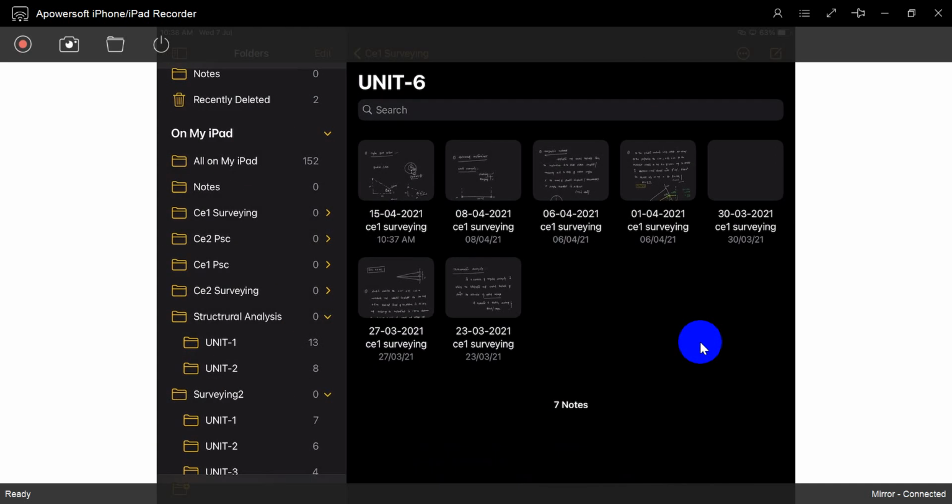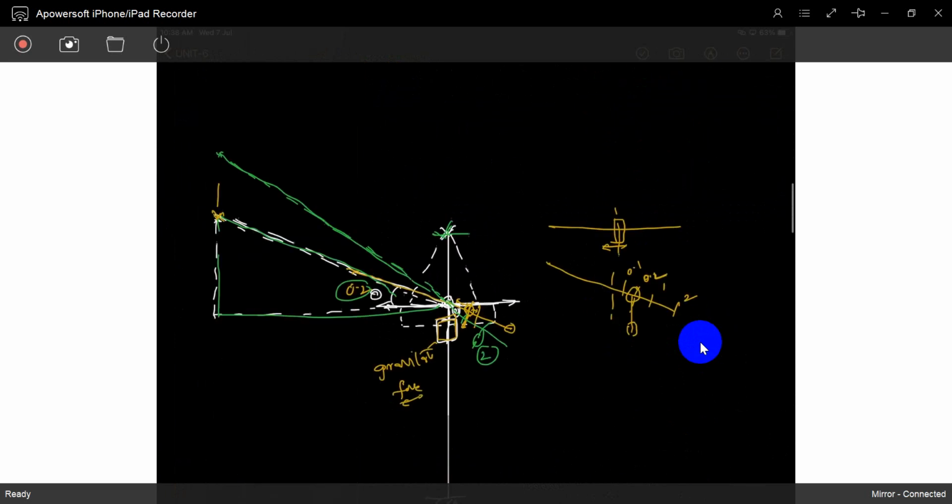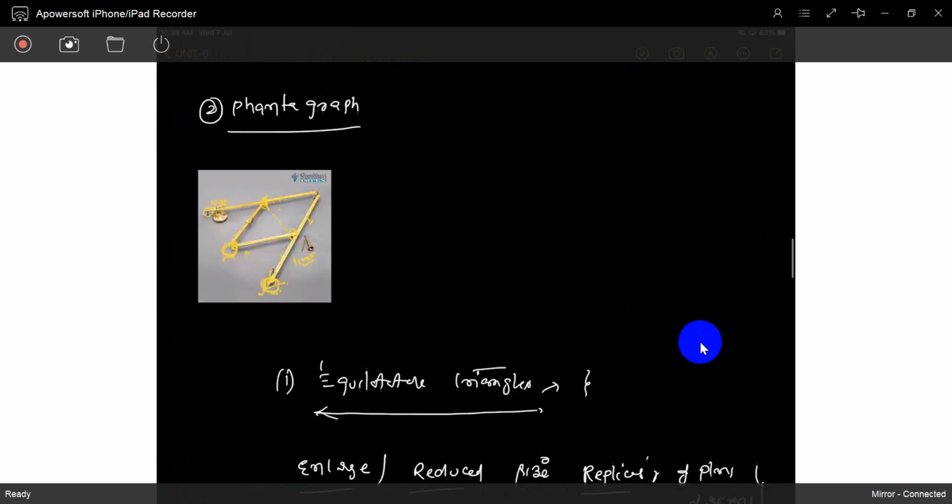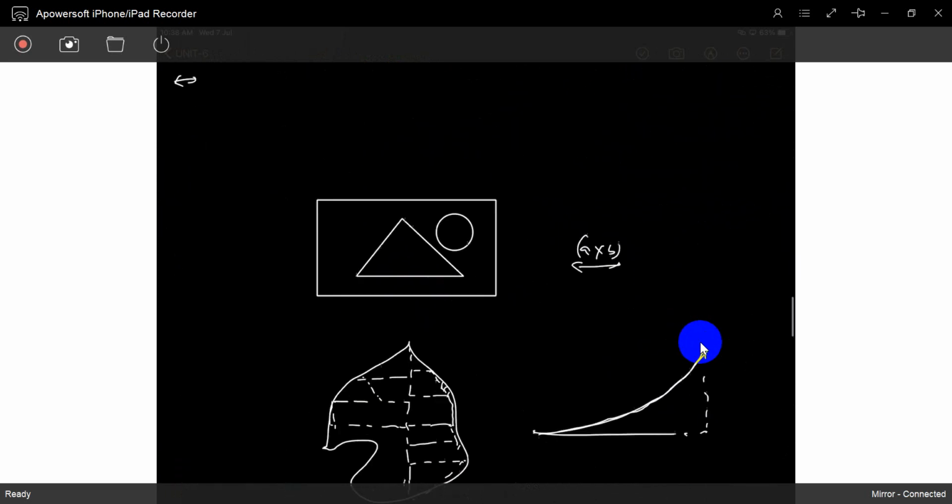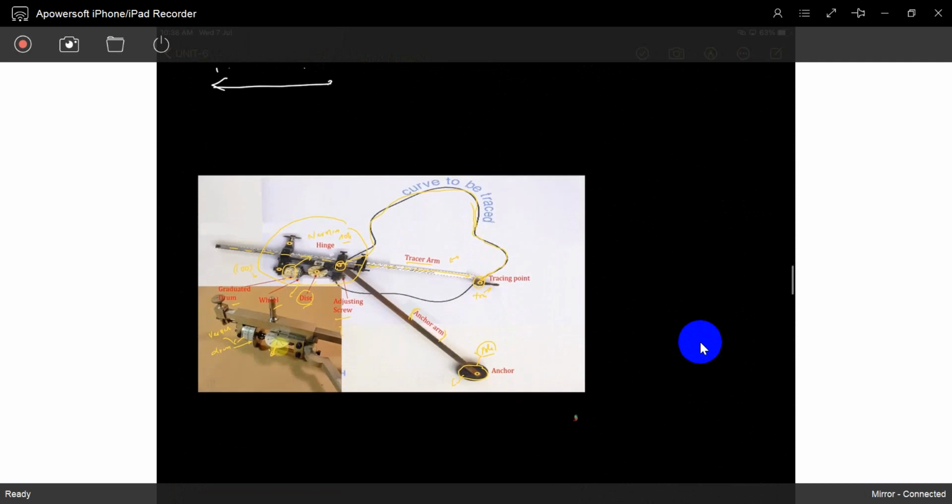The second section also I explained, pantograph and planimeter, for another section. At that time, 2 different classes were taken for 2 different sections, batches.